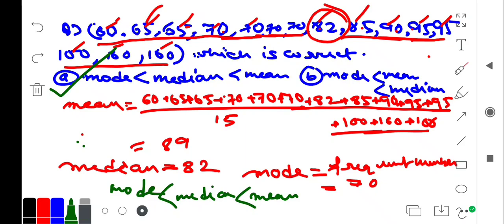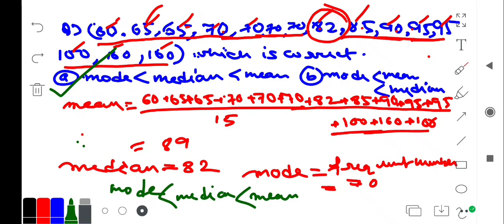Otherwise, if it is an odd series, you find the nearest even number. Suppose 15 is there, 14 is the nearest even number. So on the left hand side you go 7 and on the right hand side you go 7, and the middle number is termed as median.